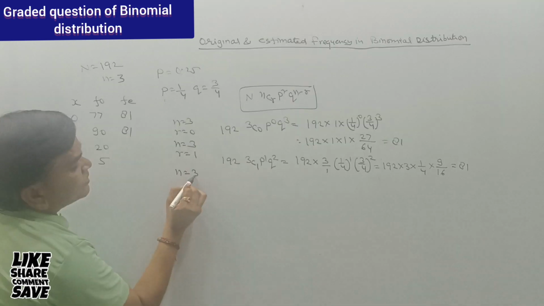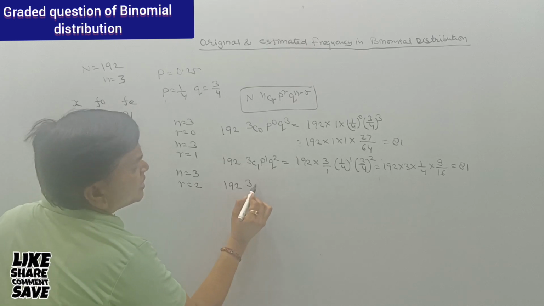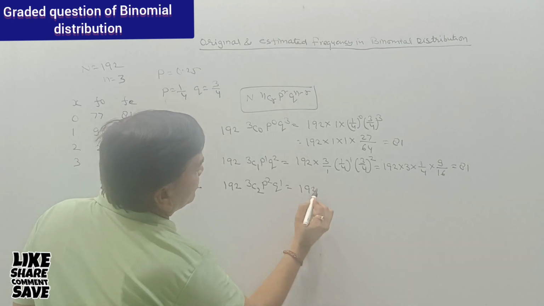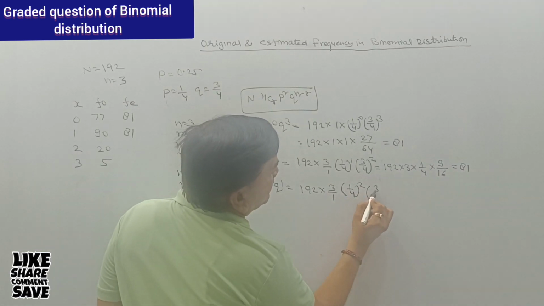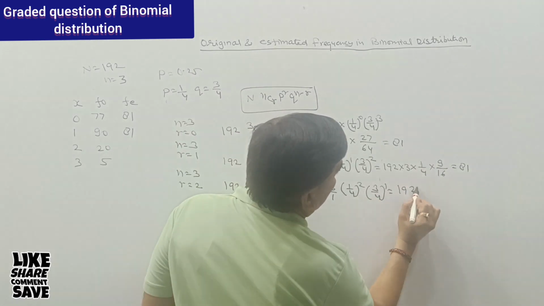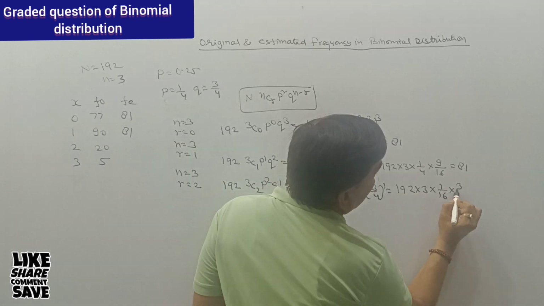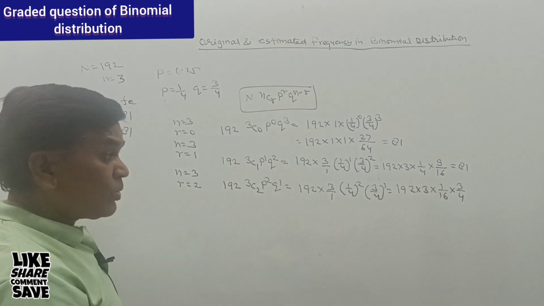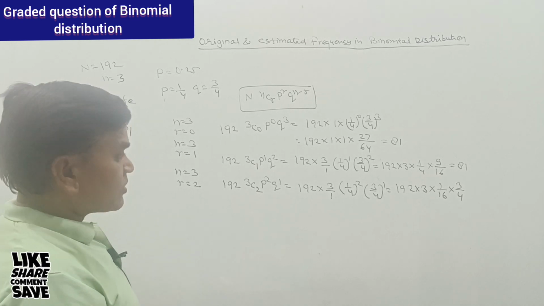Now n is equal to 3, r is equal to 2. So 192 × 3C2 × p^2 × q^1. So 192 × 3 × (1/4)^2 × (3/4)^1. So 192 × 3 × 1/16 × 3/4. So this will be 192 × 9/64. So that is 27.